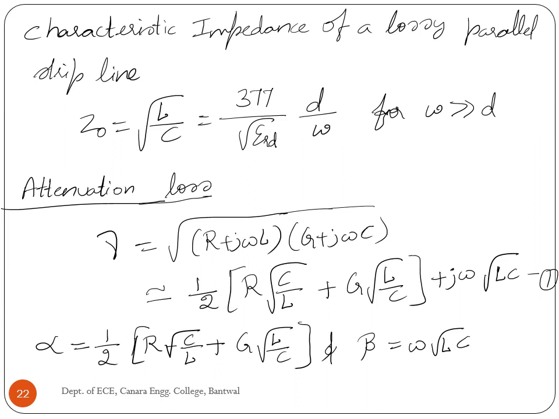Alpha is in nepers per meter, beta is in radians per meter. Attenuation constant is equal to sum of the attenuation constants for the conductor and dielectric losses.